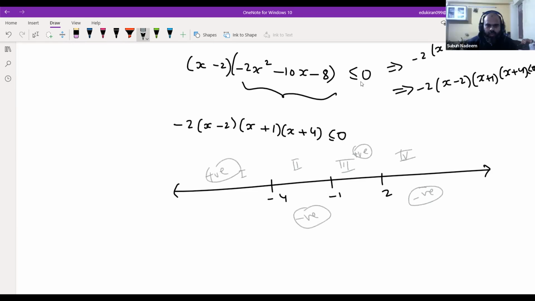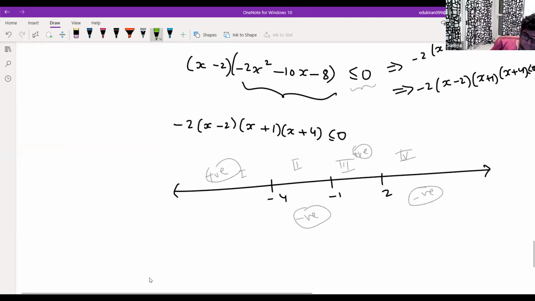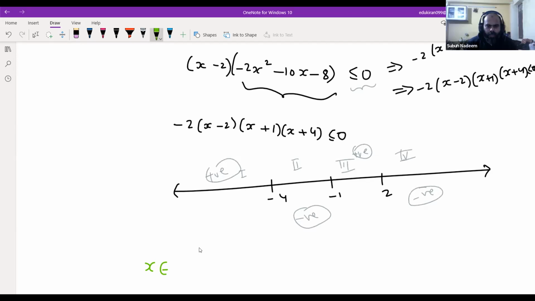Now what do you want to get? You want to get less than equal to 0, isn't it? So what will be x? So x belongs to open curved bracket, negative infinity.